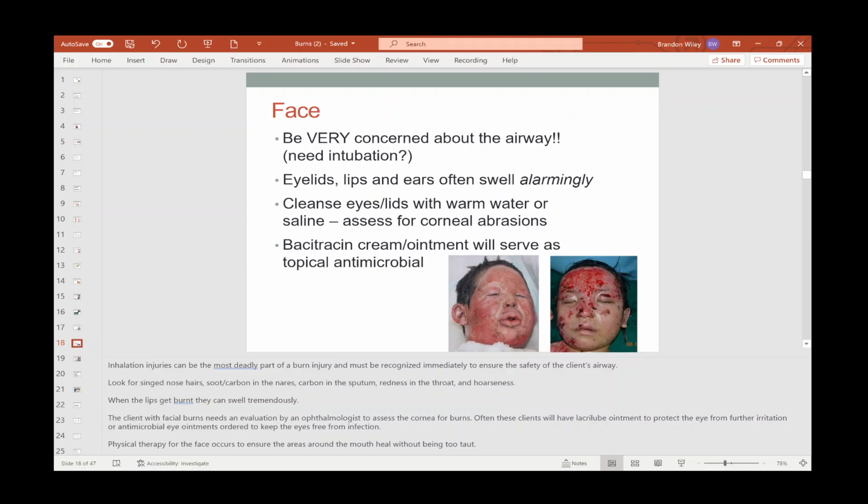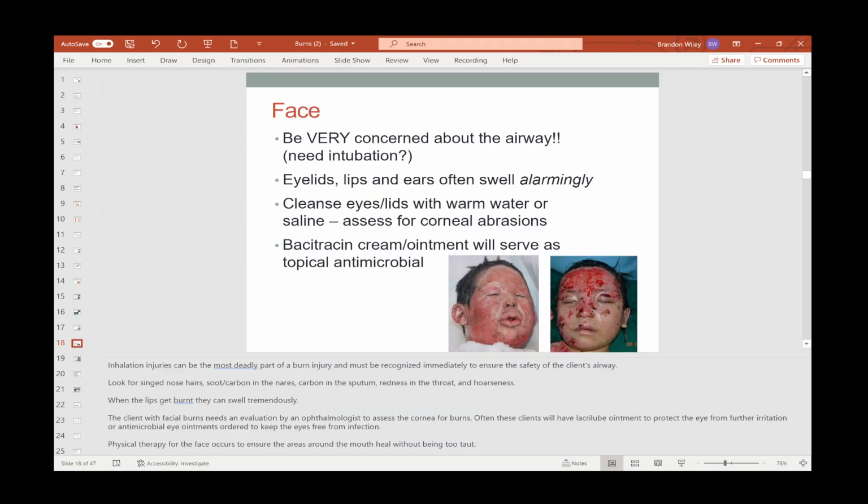And so you'll see they'll come in talking, and then we're putting them down. You're like, oh, okay, well, what just happened there? It's because it's very hyperemic. You're going to close your airway off if you don't. Okay? We'll worry about everything else later, but we ought to have an airway.